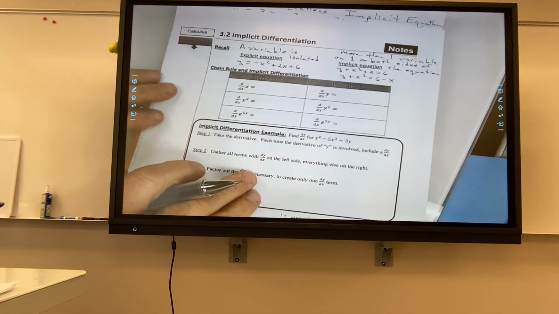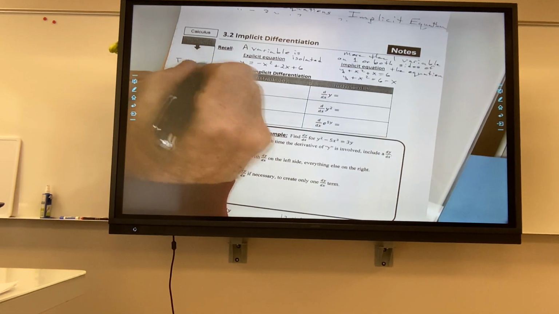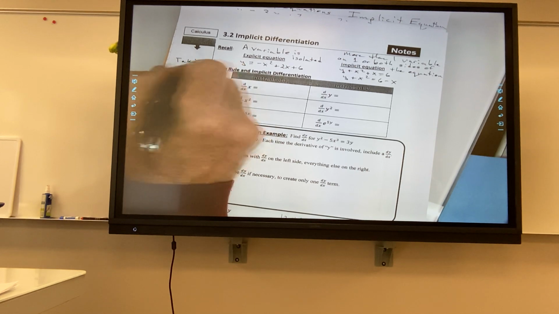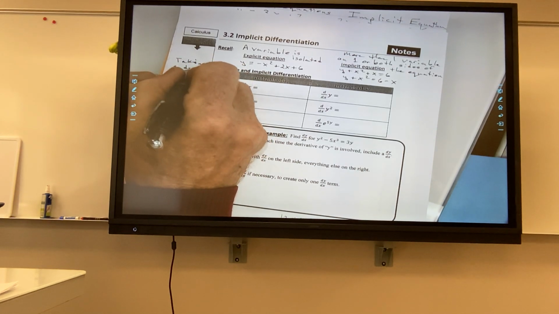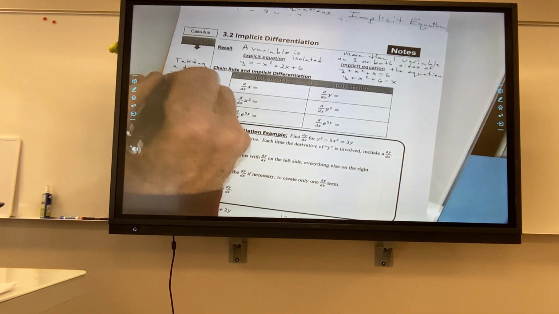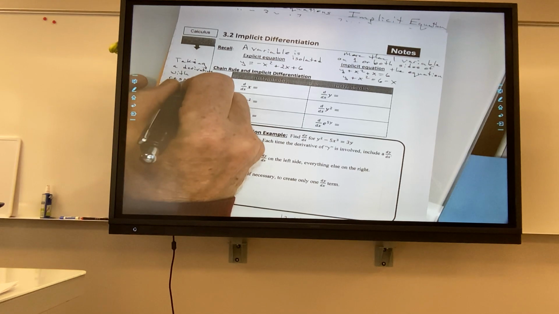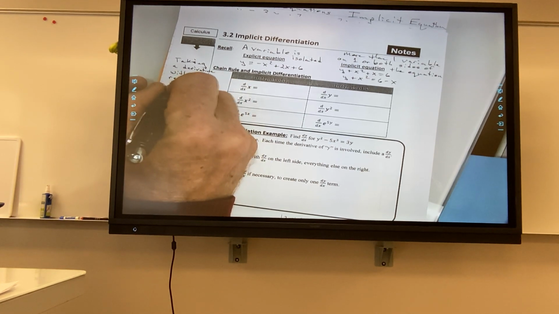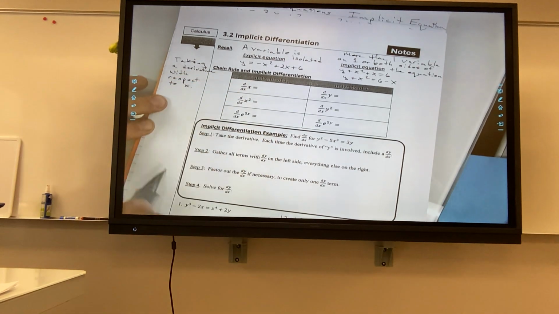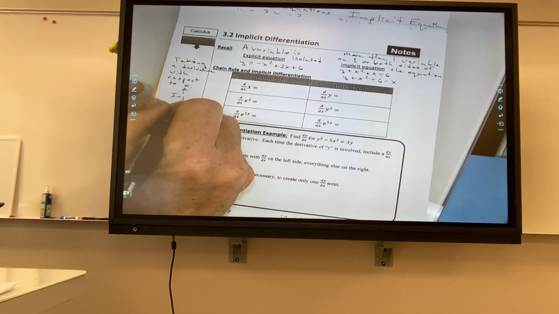So I use this term, taking a derivative with respect to x. x is our input value.